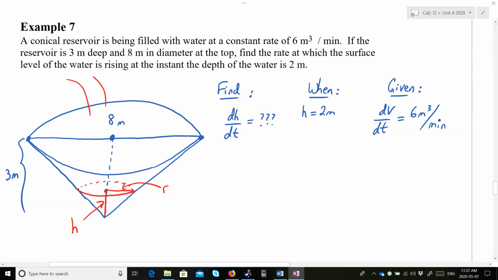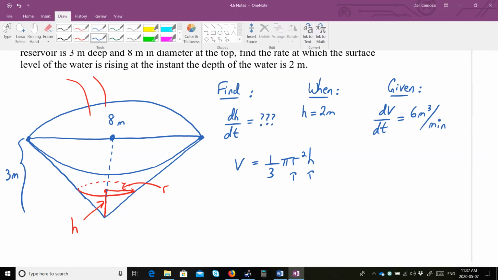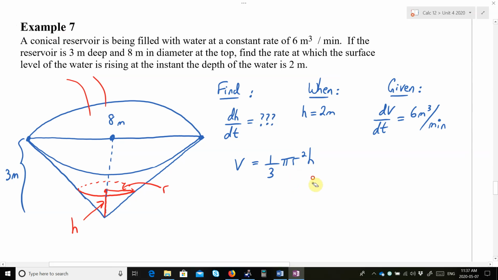So we're going to have to come up with a formula that relates volume and height within a cone. The volume of a cone is 1/3 pi r squared h. So there's our formula. And we are again going to have two variables on this side, which means product rule.